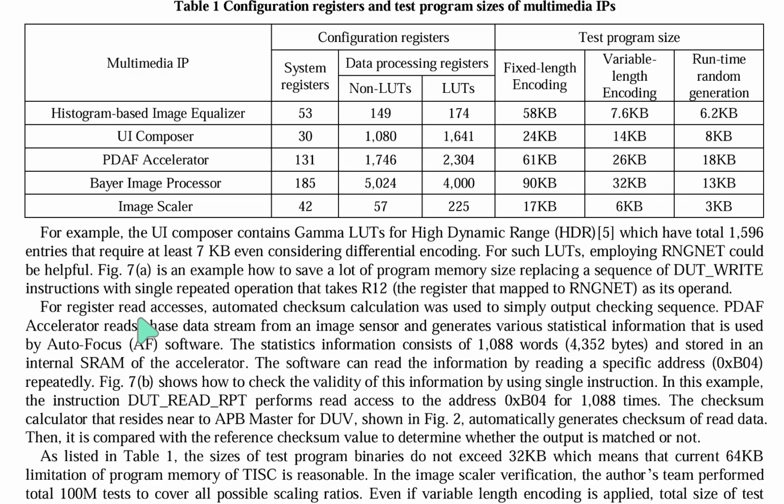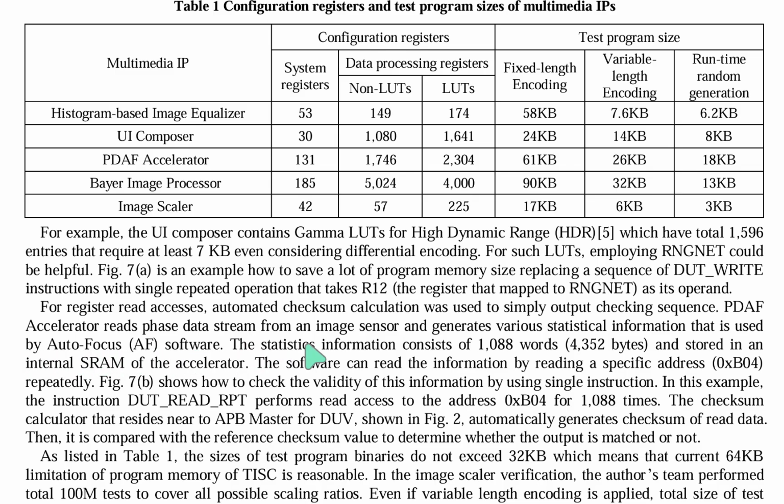For register read accesses, the automated checksum calculation was used to simplify output checking sequences. The PDAF accelerator reads phase data stream from an image sensor and generates various statistical information that is used by autofocus, AF, software.